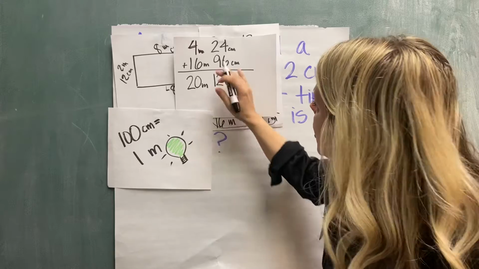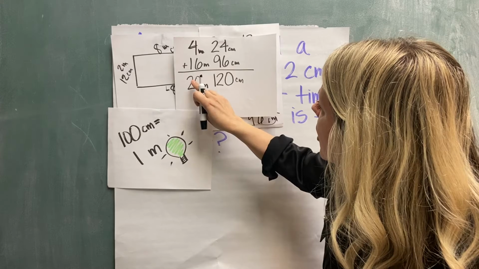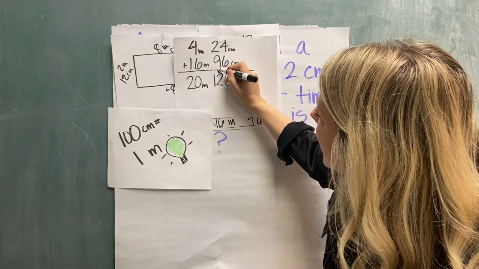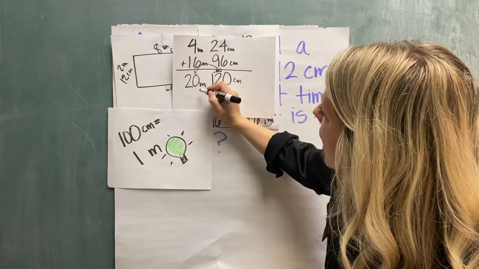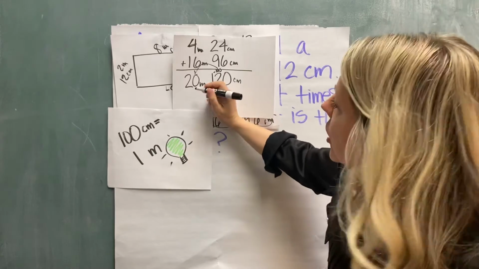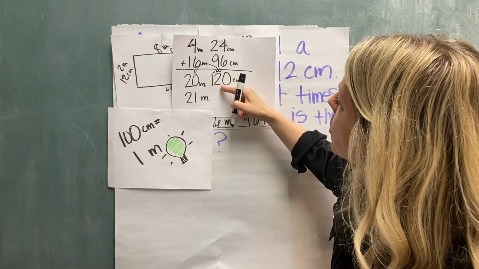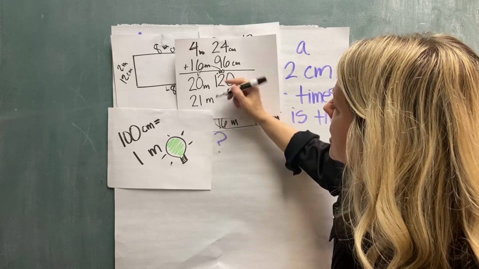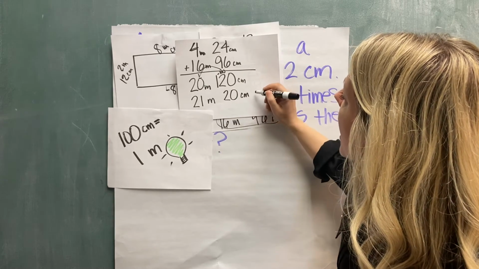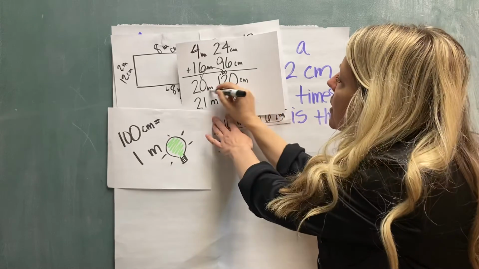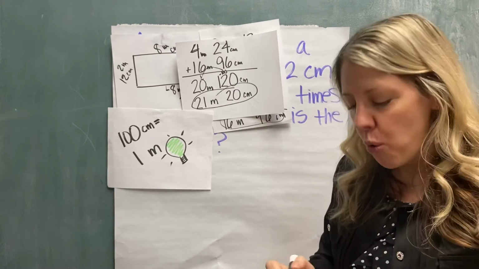If I pull out 100 centimeters and I put it over here, that means I will have 1 more meter, 21 meters, and if I take out 100 centimeters, I will have 20 centimeters. And this is the perimeter of my rectangle. Whew.